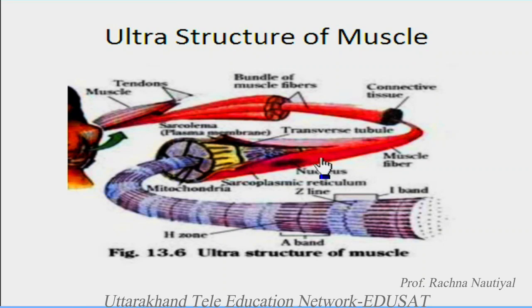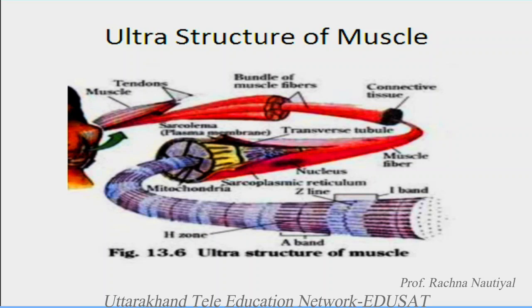If I take a small part of this muscle, it will look like this, and these are the fascicles, bundles of muscle fibers. From one fascicle, if I select one fiber, there is connective tissue, and this is the muscle fiber, all surrounded by the sarcoplasmic reticulum.